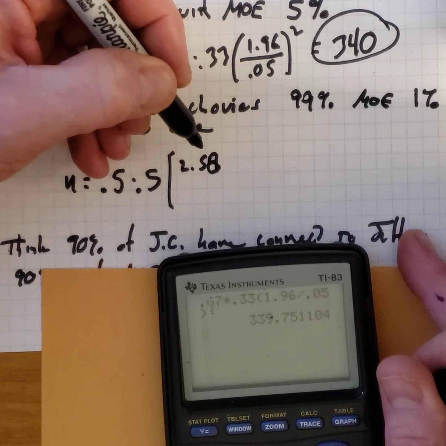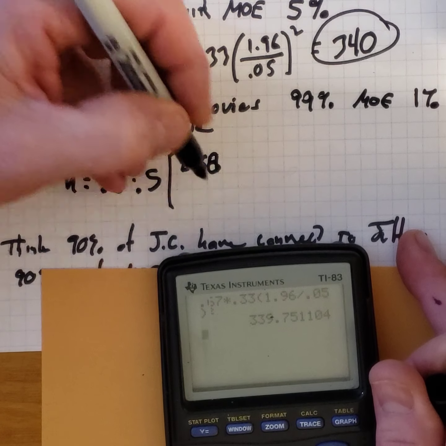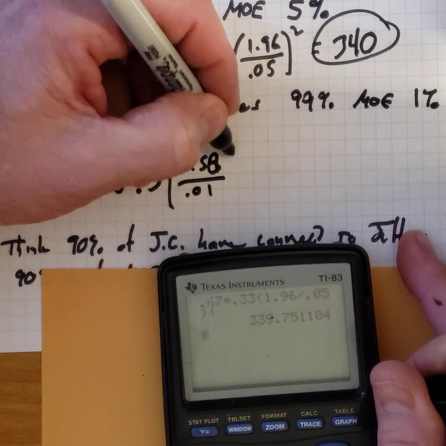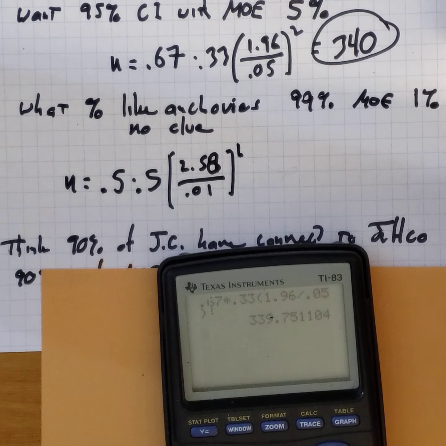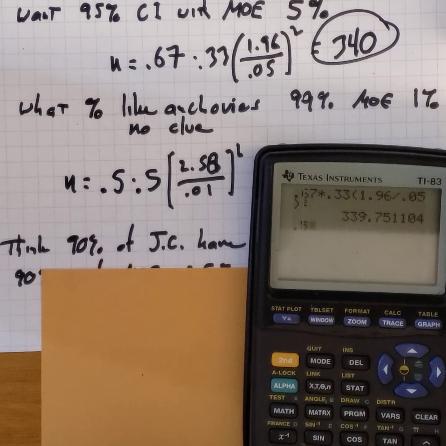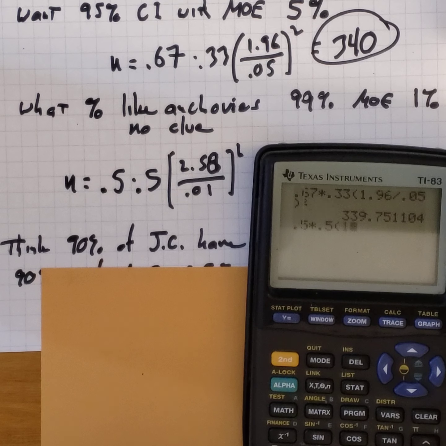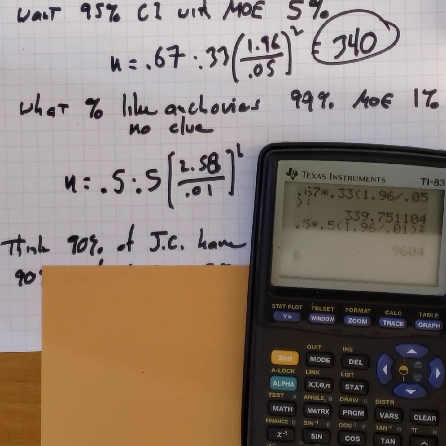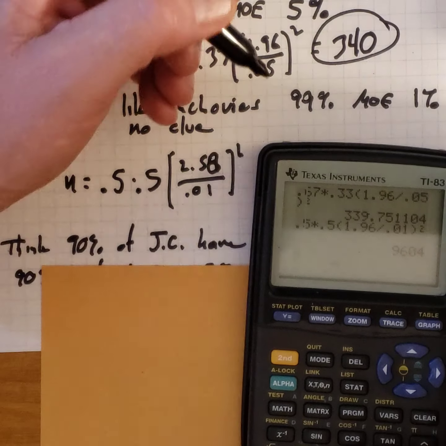I'm sorry, I don't have those numbers in front of me at the moment. I think it's 2.58 divided by 0.01 squared. So we have 0.5 times 0.5 times, in parentheses, 1.96 divided by 0.01 squared. 9,604.